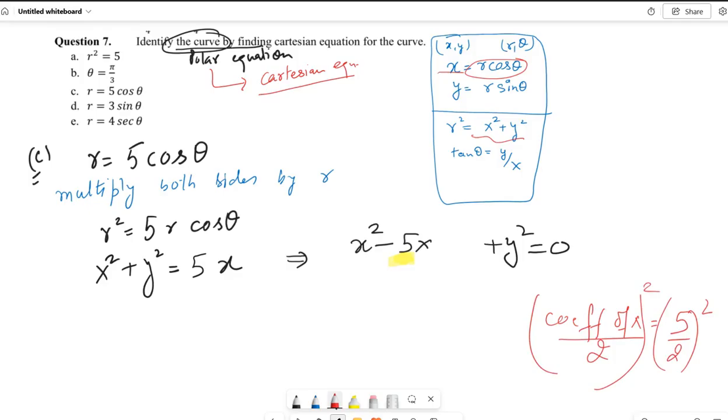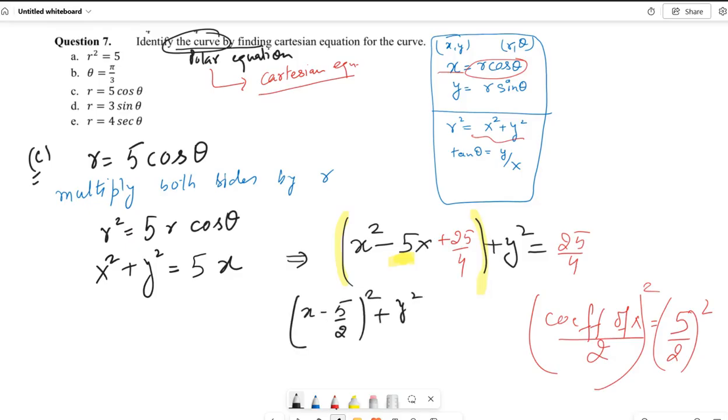That's going to be 25 by 4. So we're going to add 25 by 4 on both sides of the equation. Now you can collect this. That's going to look like x minus 5 by 2 whole square plus y square equal to 5 by 2 whole square, because it's 25 by 4, right?